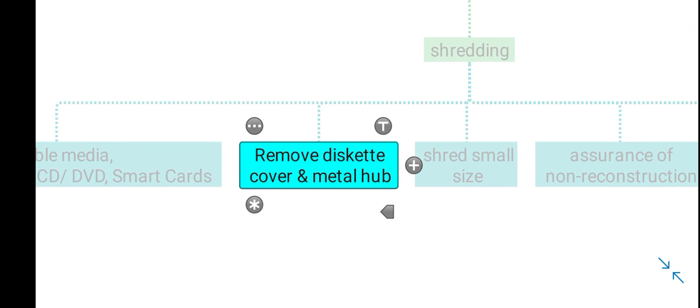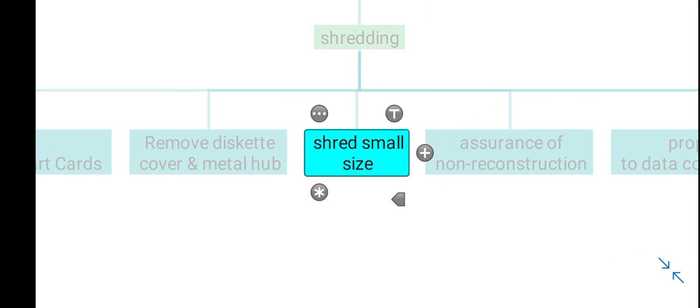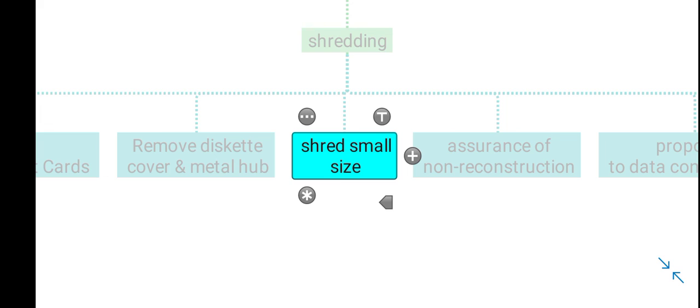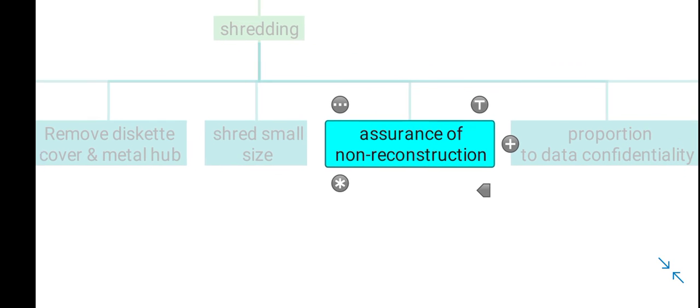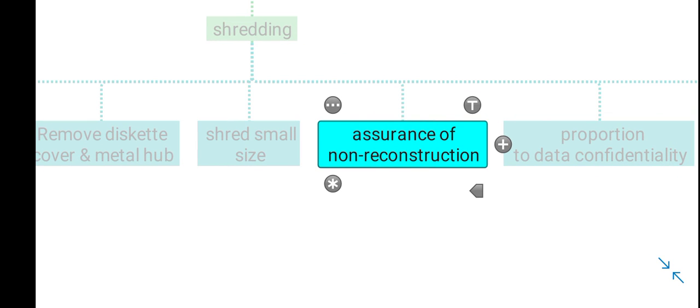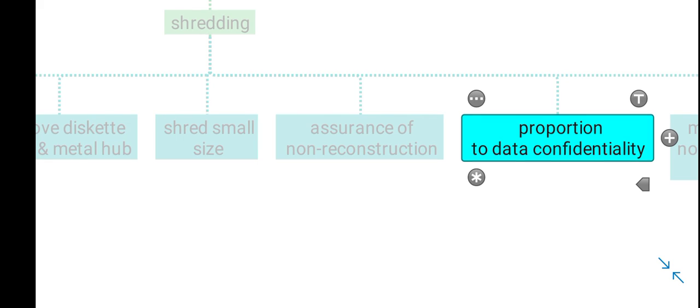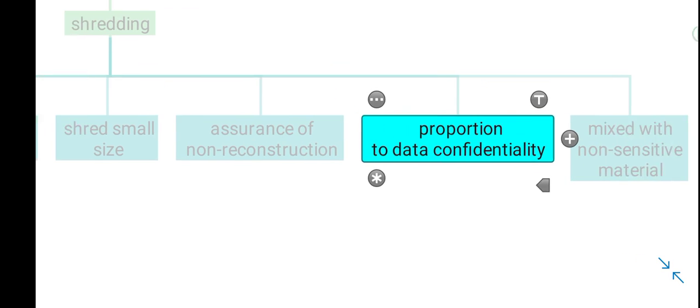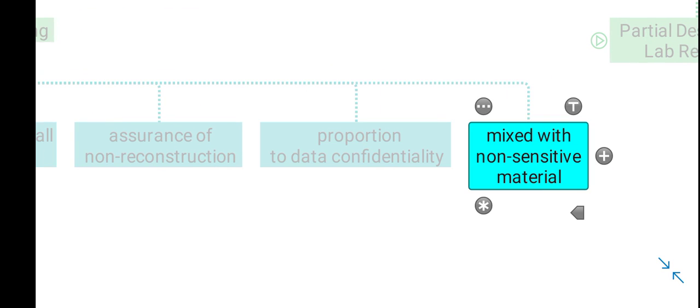While shredding a floppy disk, you remove the metal hub and the cover, and you ensure that it is shredded into small pieces, and there is an assurance of non-reconstruction of the media in proportion to the confidentiality requirement of the data maintained on that media. And you also mix different non-sensitive shredded materials so that it cannot be reconstructed.